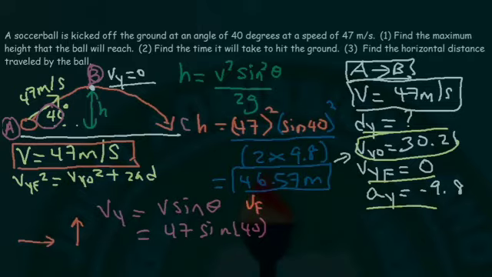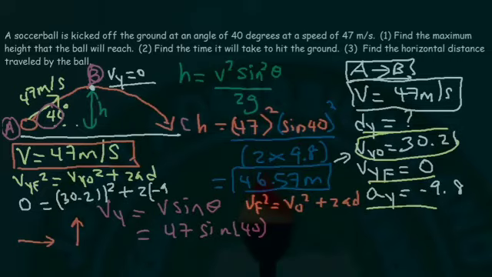We wrote it as V final squared is equal to V initial squared plus 2AD. If it's traveling in the vertical direction, you can add a subscript y to every term. So let's plug in what we have. Vy final, that's 0. Vy initial, that's 30.21, but it's squared, plus 2 times. Now in this case, the signs are important, so let's plug in negative 9.8 and times d.